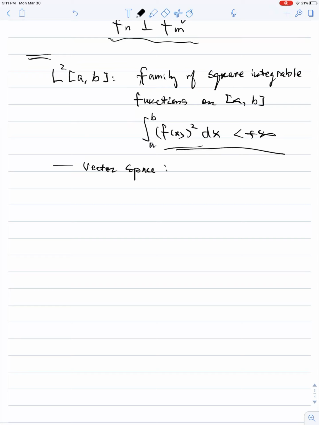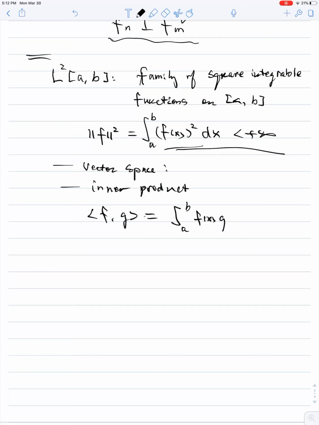Now this space also, you can define an inner product. This is called the L2 norm squared. So you can define an inner product on this space. If you have two functions, or two vectors, the inner product is defined as the integral of their product. Now recall, what do we mean by inner product?